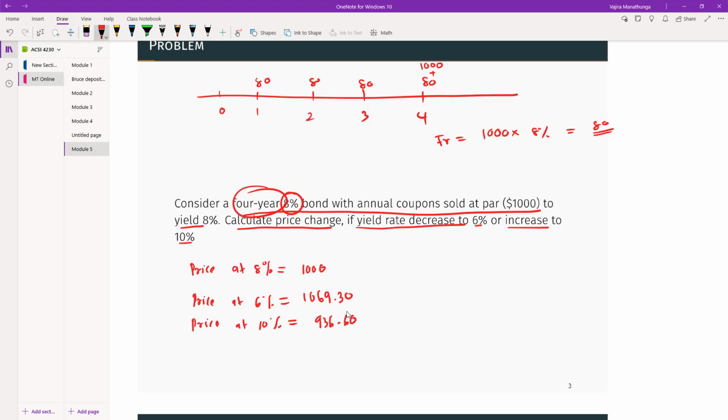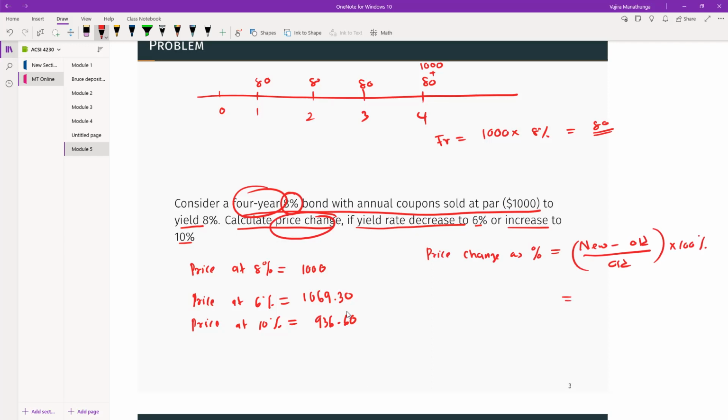Okay. So now let's calculate the price change as a percentage. So this would be new minus old over old times 100%.